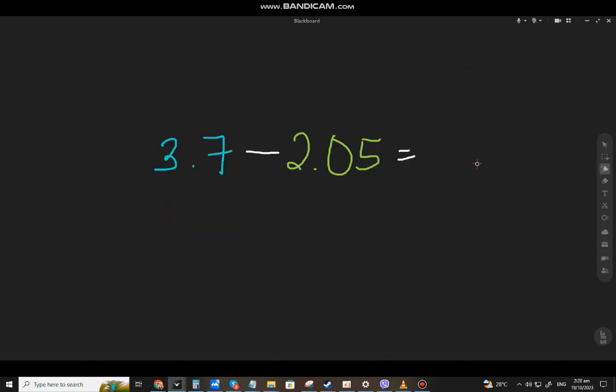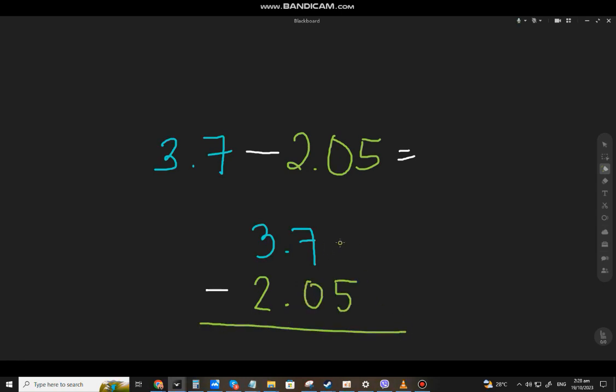What if we have 3.7 minus 2.05? All right, so how are we going to do it? Again, you just have to align them vertically. So 3.7 minus 2.05. 2 is the ones place, and after the decimal point, 0 and 5.